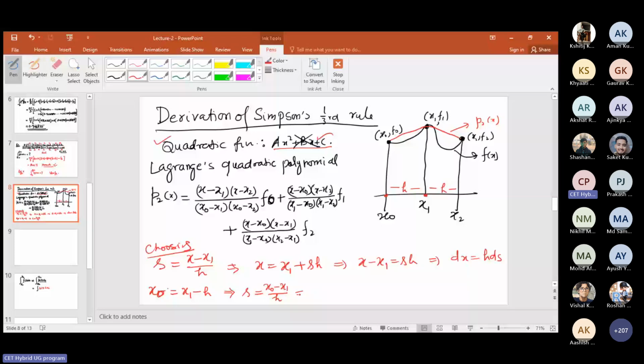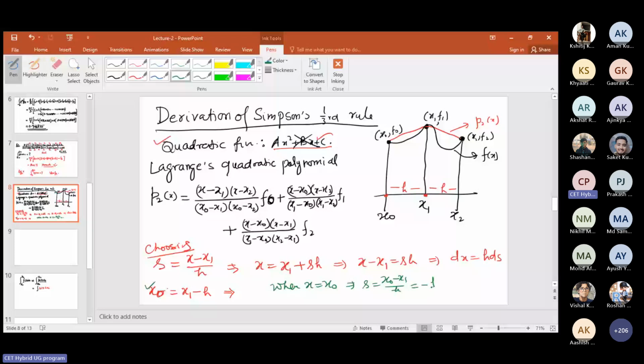We'll make it directly from inference from here itself. So when x equals x0, this will imply s equals (x0 minus x1) divided by h. From here you can see x0 minus x1 equals minus h. Therefore, this value is minus 1. This will be far easier for you to understand.